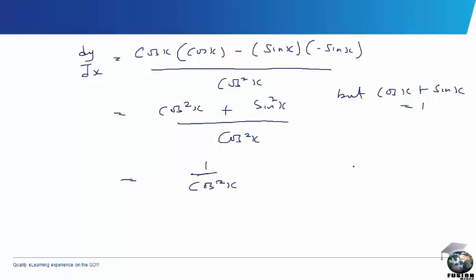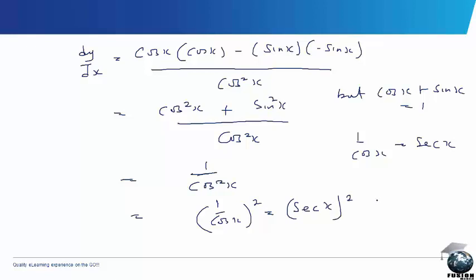Also from your trig, you're told that 1 over cos x is equal to sec x. So you can write this as 1 over cos x all squared, which is equal to sec x all squared, which is equal to sec squared x.